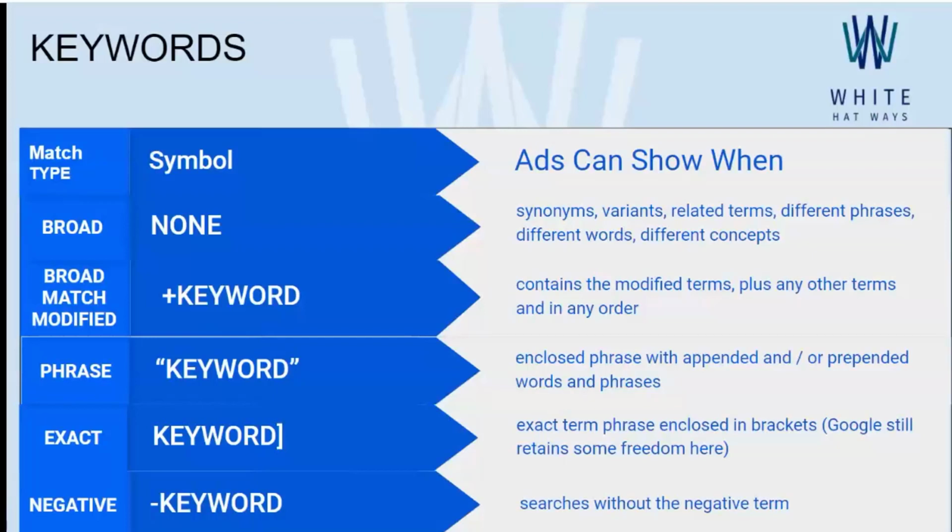Why? Because generally these kind of people might not even buy from you, because it might be triggering a lot of irrelevant queries as well in the process, because the match types are triggering a lot of different phrases, different words, different concepts altogether.